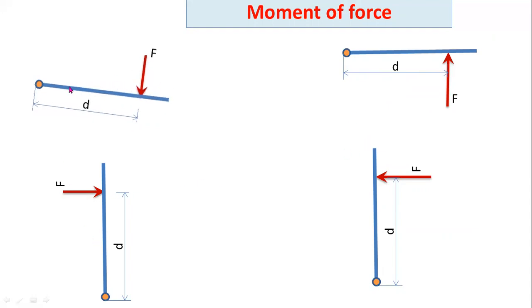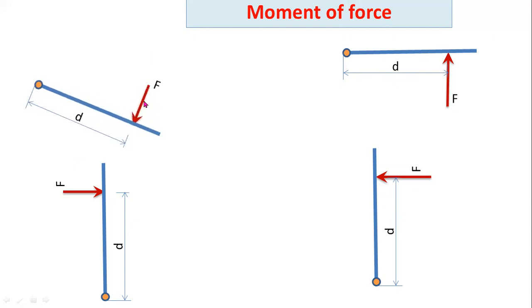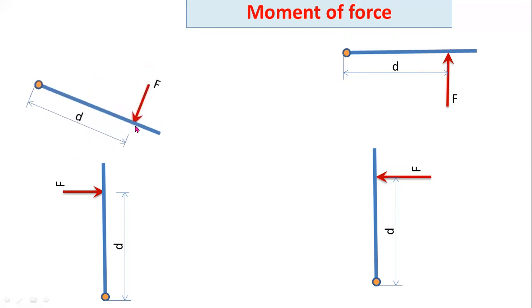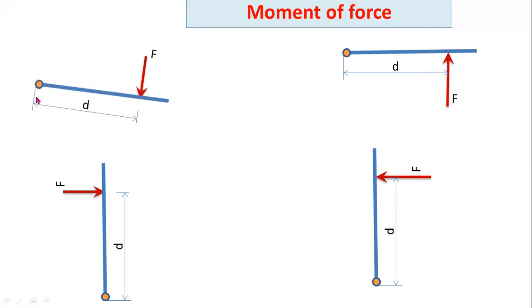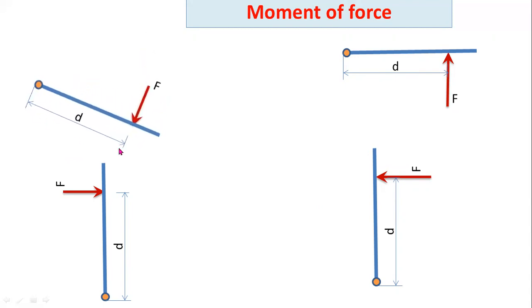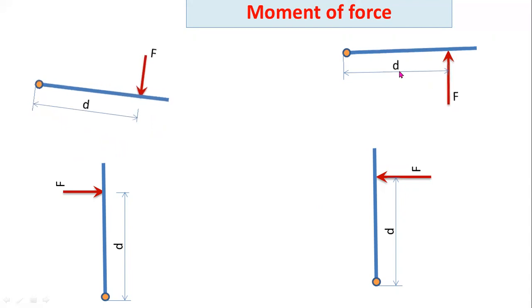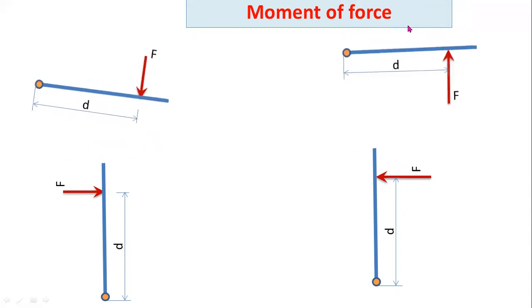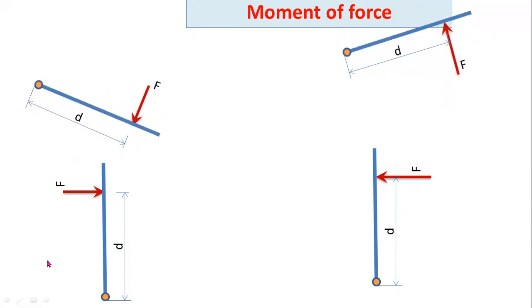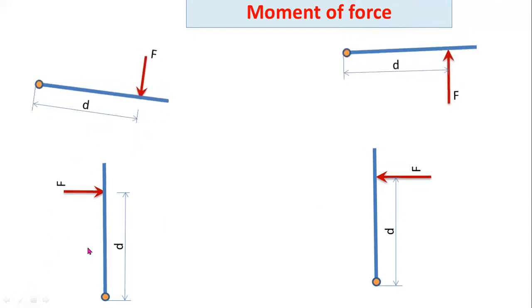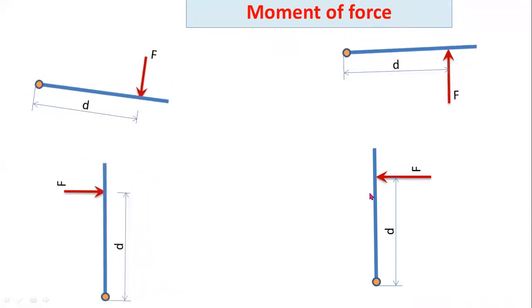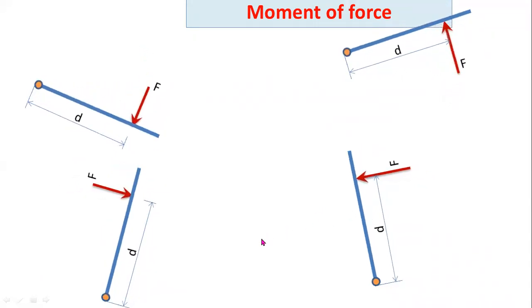Here you can observe this is the motion of clockwise movement. D is the perpendicular distance between the line of action of the force and the turning point. And this is the anti-clockwise movement. Now this one is clockwise movement, and this one is anti-clockwise movement.